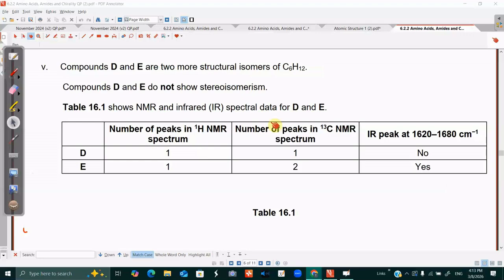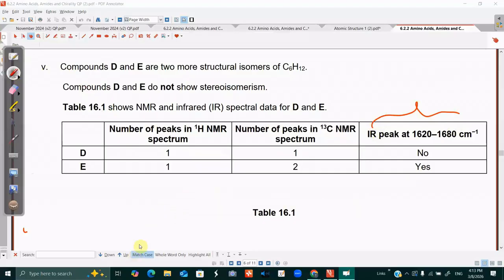IR peaks at 1620 and 1680. No and yes, right? What does it mean, 1620 and 1680? This peak is for what? Do you have the data booklet? Yeah, I do.